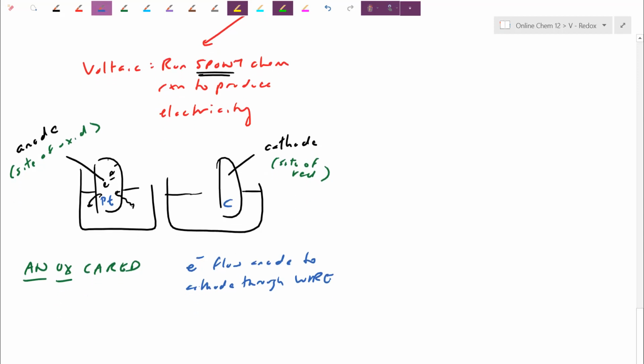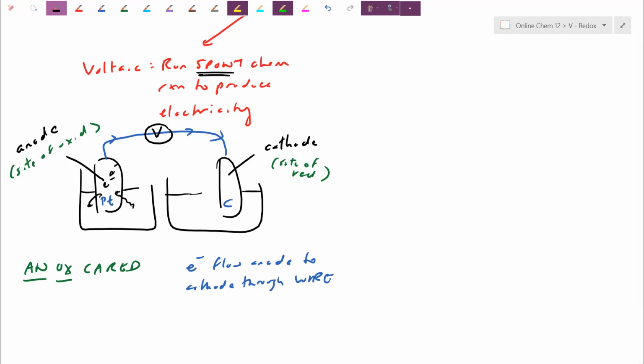They get dropped off on one side through an external wire that hooks up from one side to the other. Electrons only jump through the wire. They always try to trick you every now and then. They say, oh, do electrons enter solution? No, they don't. Because I have electrons flowing, I have a direct current. I would stick my light bulb or buzzer, my electrical device, in between and actually tap that electrical energy. It's spontaneous, but I force the electrons to go through the wire.